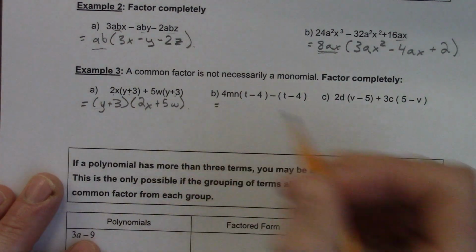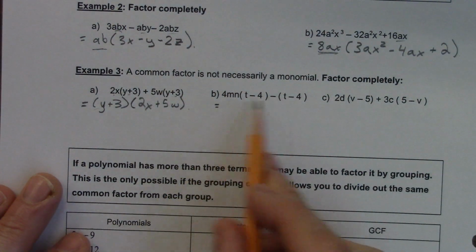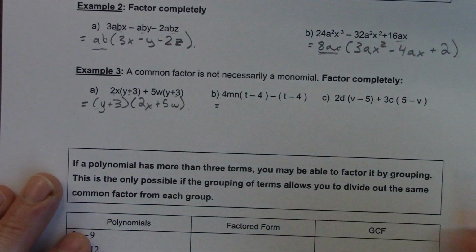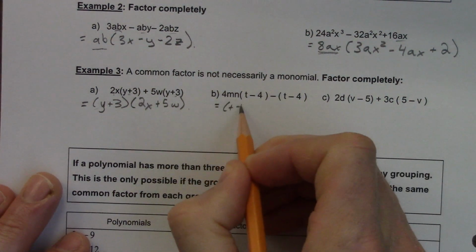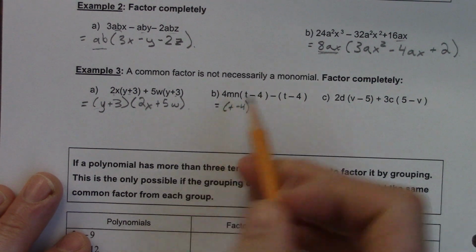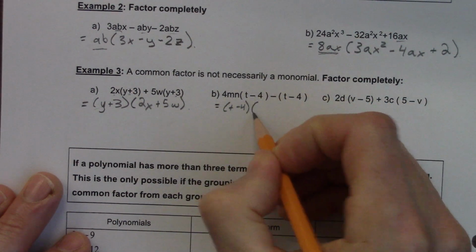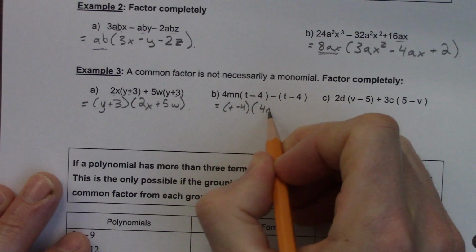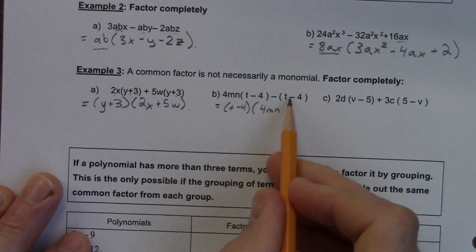Next one. Jaden. What's common? Yep. t minus 4, yep. And now, when I divide this by t minus 4, what am I left with? Yep. Now this one divided by t minus 4.